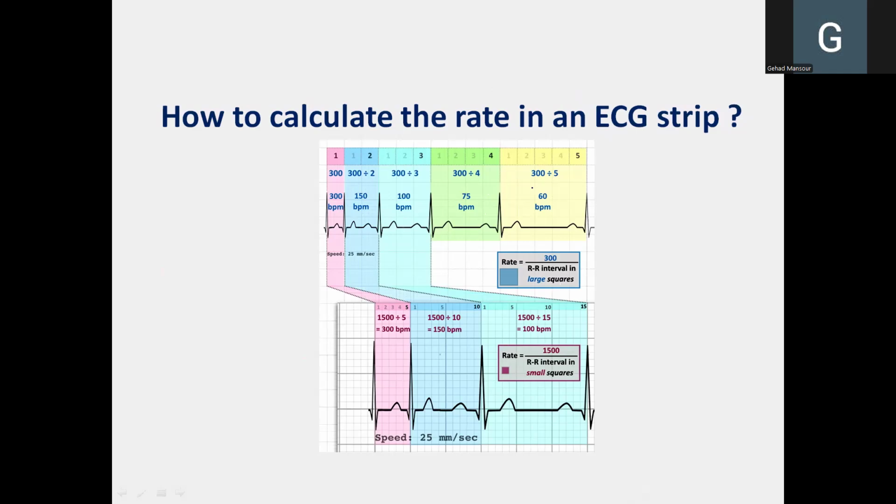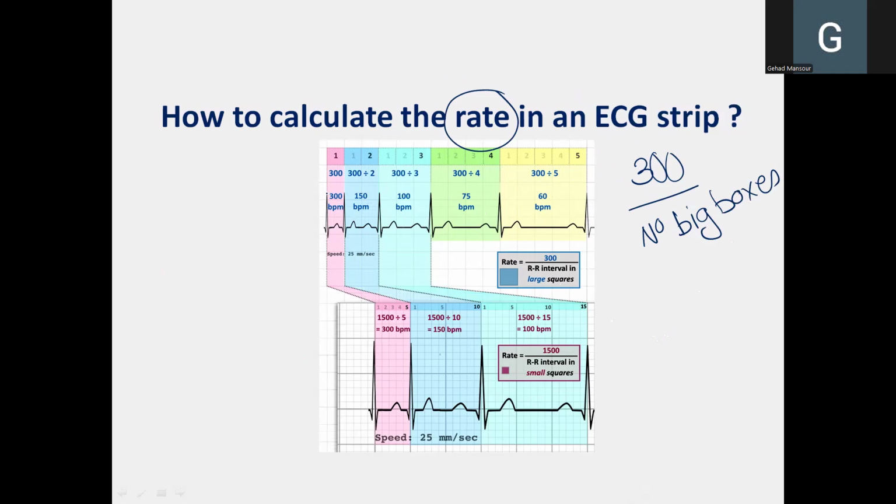When the heart rate is regular, in order to calculate the heart rate, how many beats per minute, you can divide 300 by the number of big boxes in between two successive R waves.